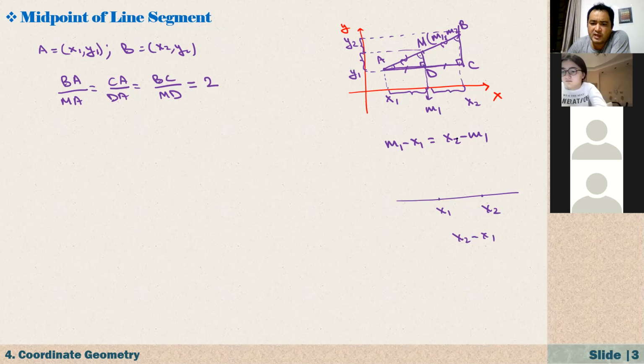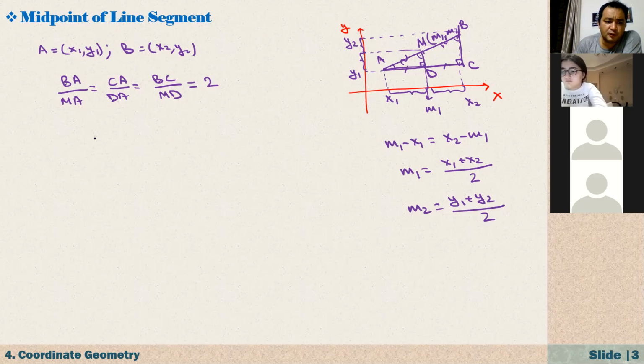Take x1 to the right-hand side, we have x1 plus x2, and divide by 2. So M1 is equal to (x1 plus x2) over 2. In a similar way, we can obtain the y coordinate. So M2 will be equal to (y1 plus y2) over 2. So if M is a midpoint, then the coordinates of M are ((x1 plus x2) over 2, (y1 plus y2) over 2). That is about the midpoint.